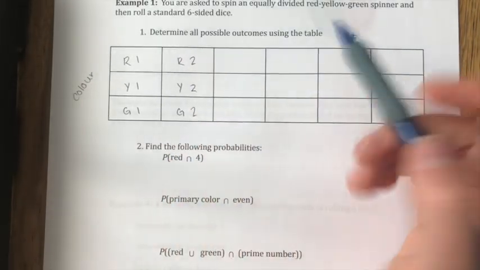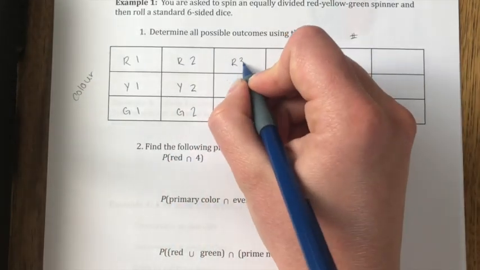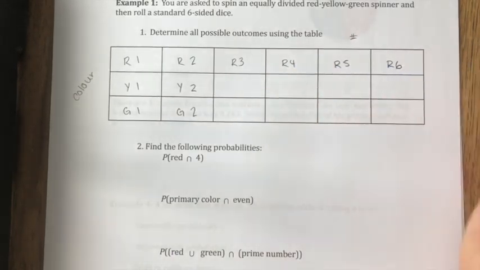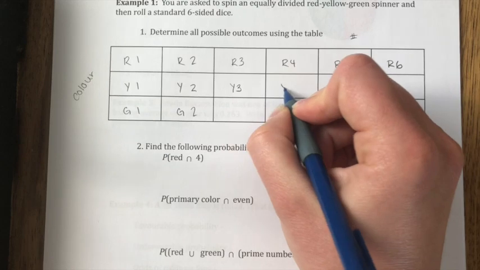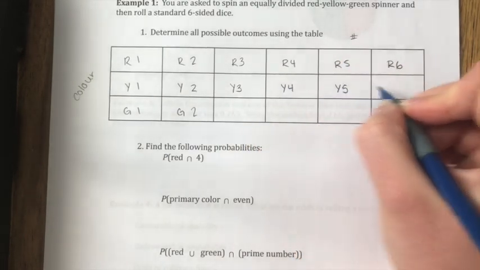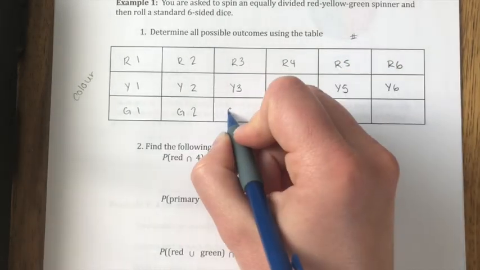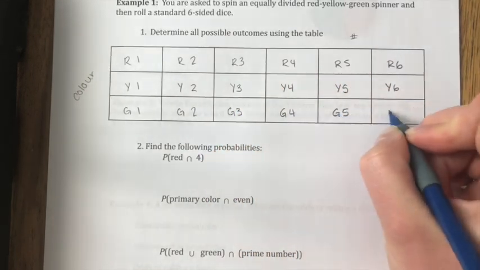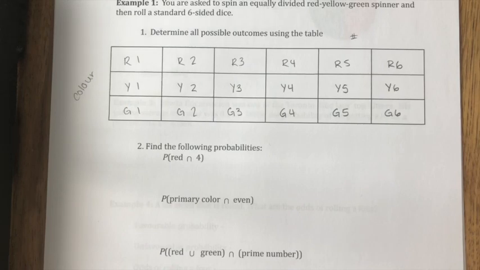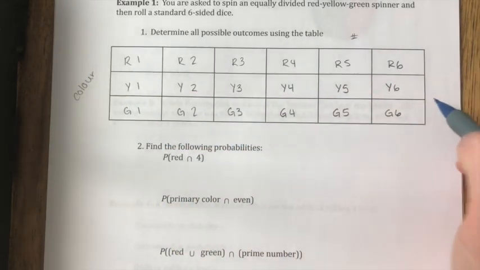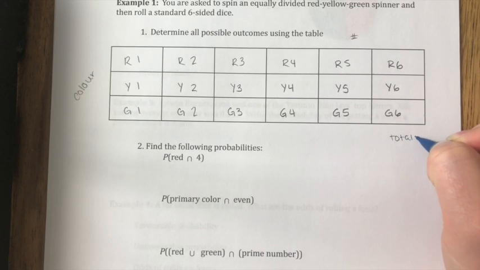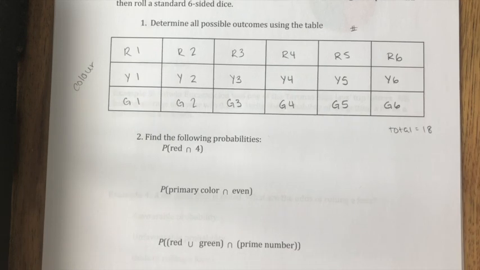See how that pattern is going to evolve, so we could have a red 3, a red 4, a red 5, and a red 6. We have a yellow 3, a yellow 4, a yellow 5, and a yellow 6. And then same thing for green. So those are all of our possible outcomes. Notice how we've got 6 times 3, so there's 18 possible, right? So total, just make a little note for ourselves, is 18.